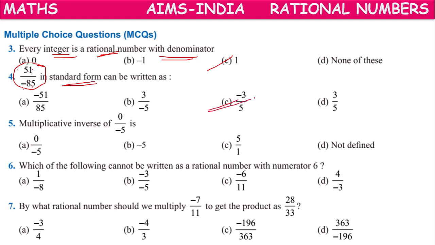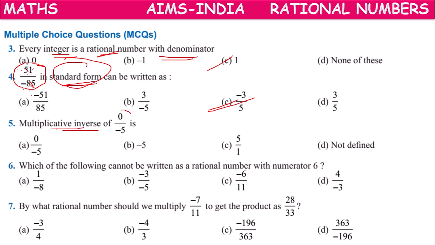So, minus 3 by 5, because standard form means the denominator should be positive and no common divisor. Because they have common divisor 17, after division with 17, answer is minus 3 by 5.